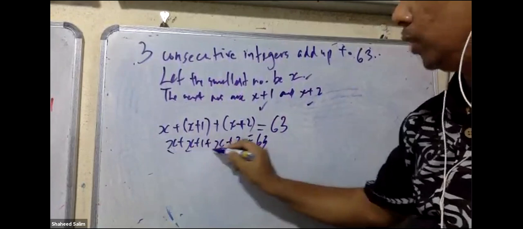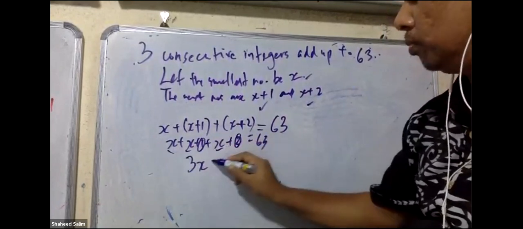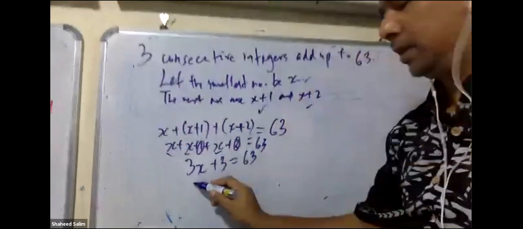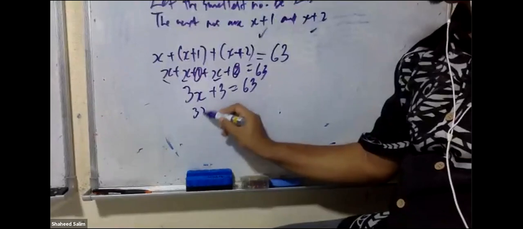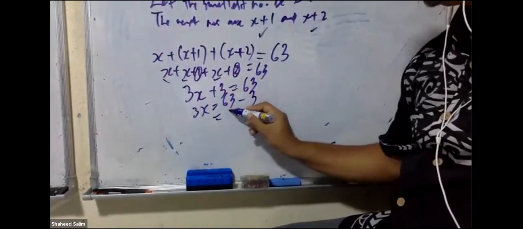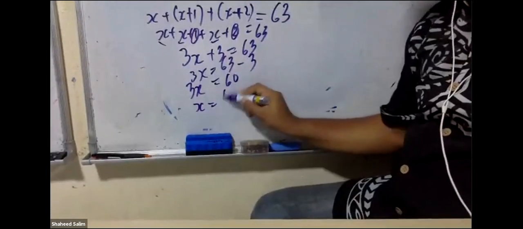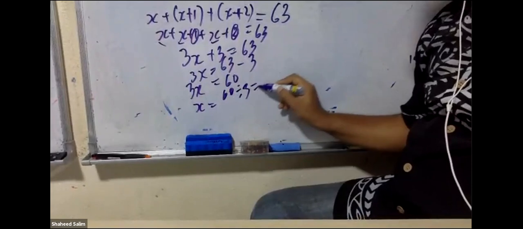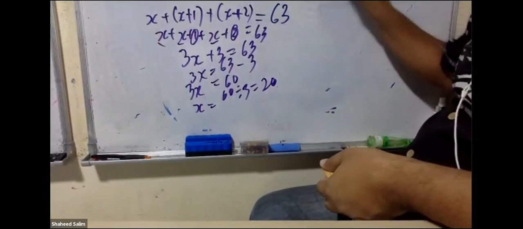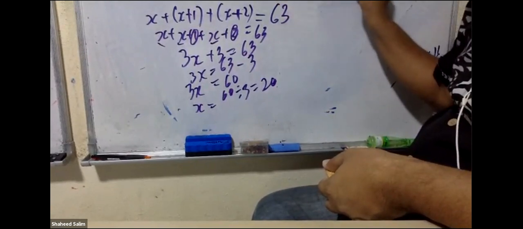There's 1x, there's 2x, there's 3x. 3x plus 1 plus 2, that's 3, equals 63. Bring the 3 over to that side. 63 minus 3 equals 60. 3x equals 60. x equals 60 divided by 3, which equals 20. See, the smallest number is 20. The next two numbers are 20 plus 1, 21, and 22.